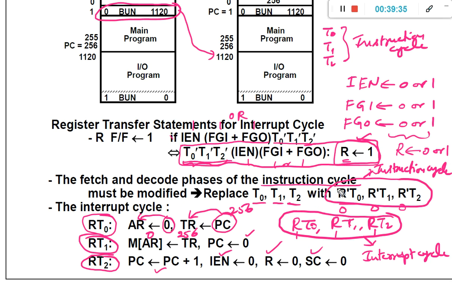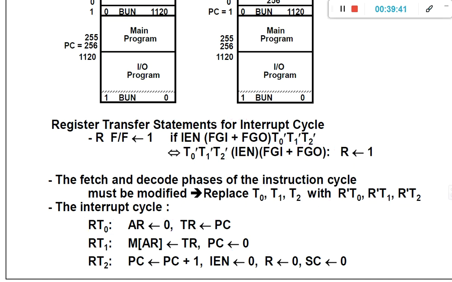This is how we represent the sequence of instructions using register transfer statements. See once again very carefully. T0 dash, T1 dash, T2 dash are not related to the instruction cycle; these are related to the interrupt cycle.